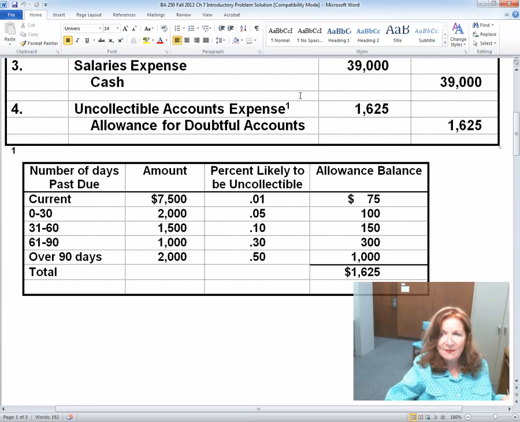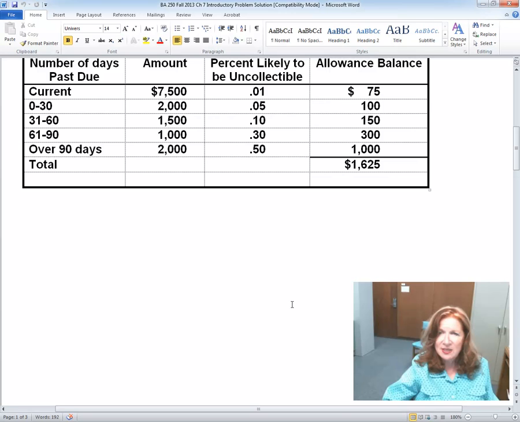And then we're going to have our uncollectible account expense, and we're going to be putting that into our contra asset, allowance for doubtful accounts. Now, in order to do that, we have to set up a table like you see here. Here are the categories of the age of the account receivable. Here's the amount of money that's in the account receivable. Here's the percentage that's likely to not be collected, and then we multiply the probability of loss times the amount to get the dollar equivalent value for that category.